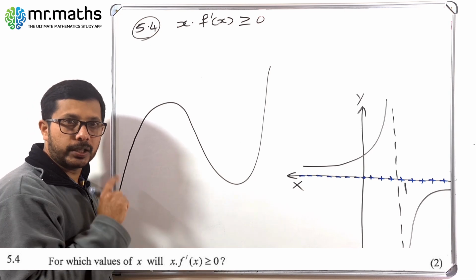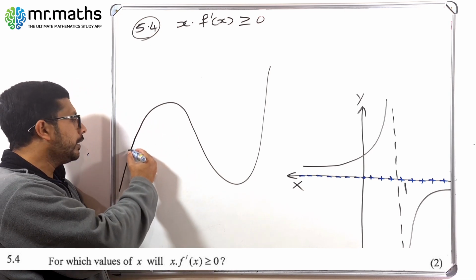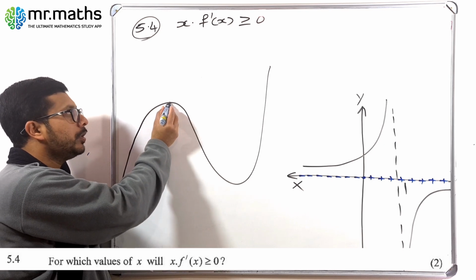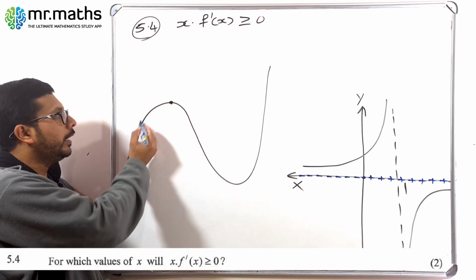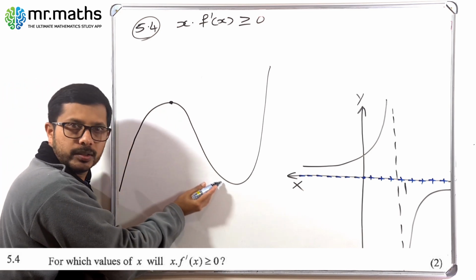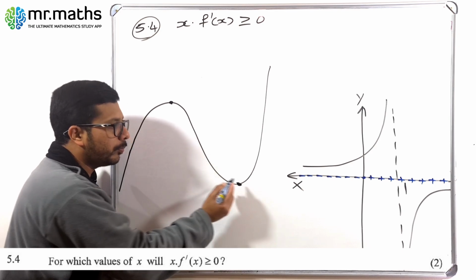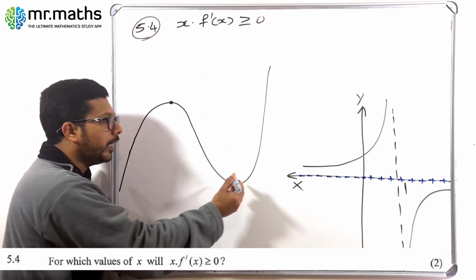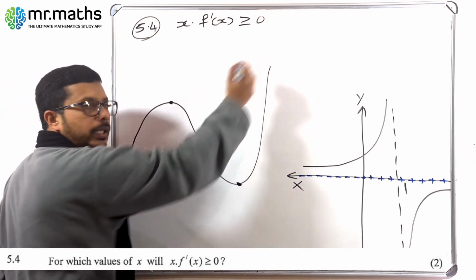When I explained the calculus section, I told you this cubic graph is increasing here, up to this turning point. After that turning point, what is happening? It is decreasing, am I right? Again, you can see that this one is increasing.